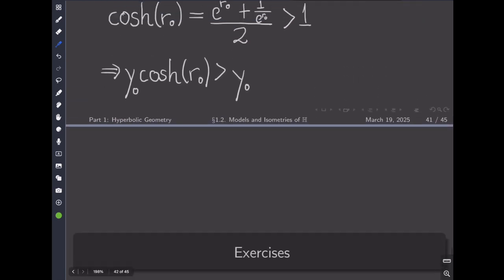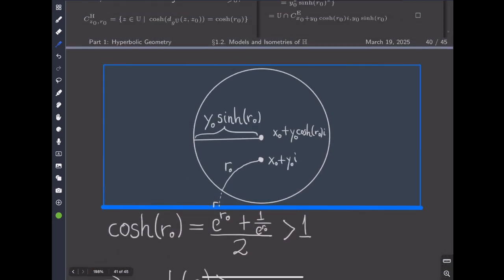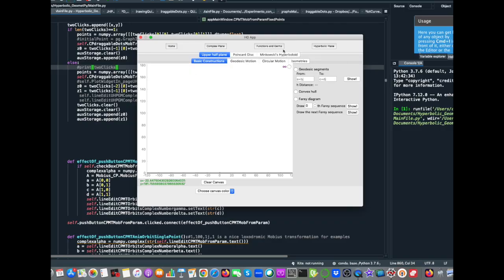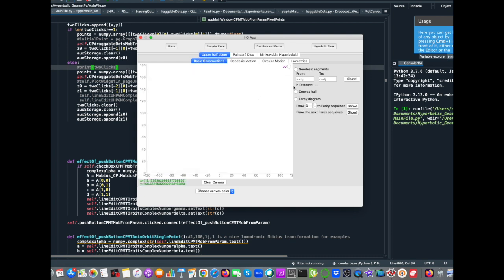Yes. So let me see, I have 2 minutes, if I can show it. Let me go to the upper half plane, geodesic motion, geodesic shortest curves parameterized by arc length, from point to point.